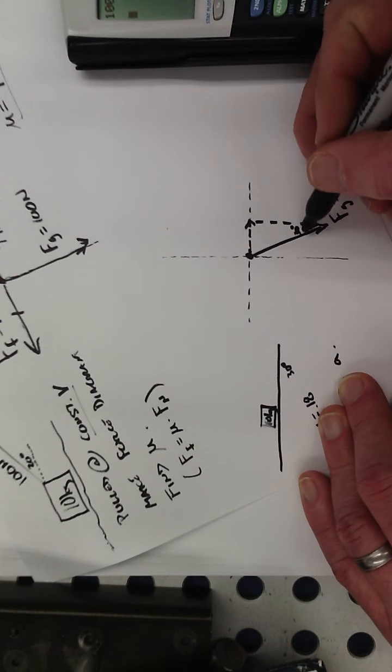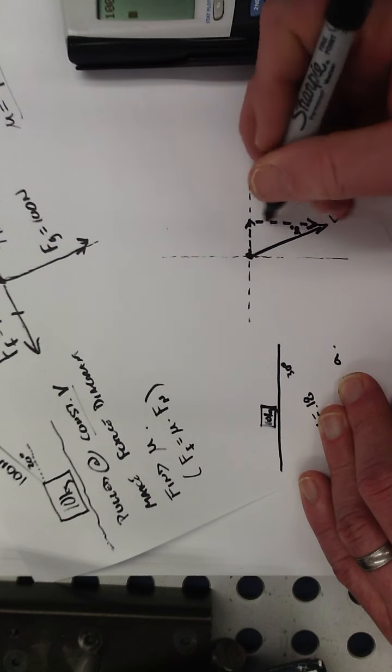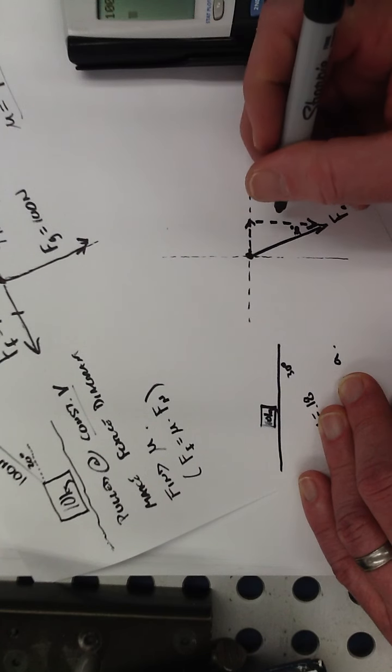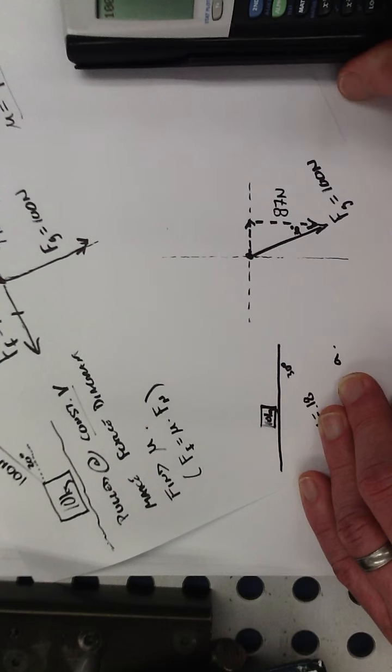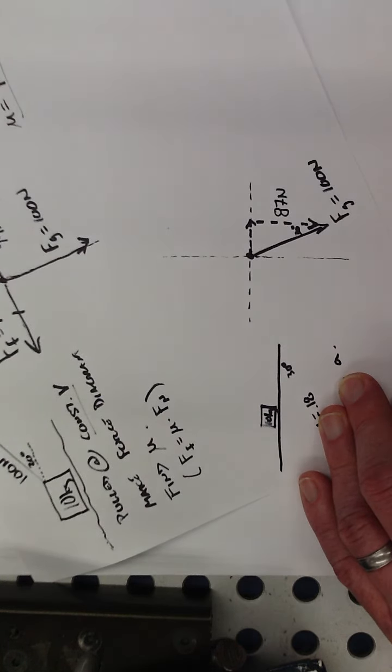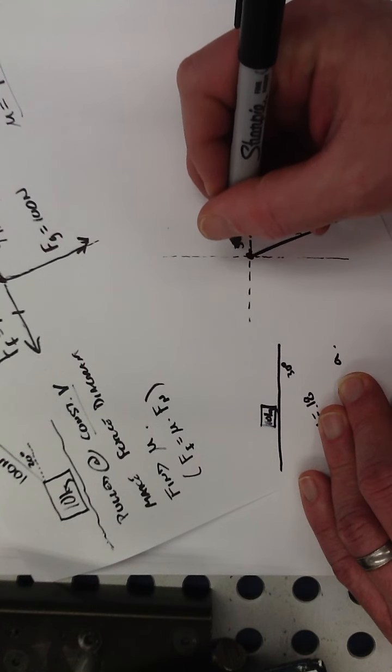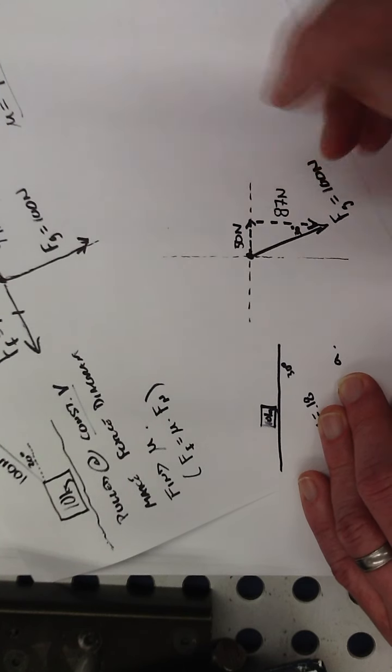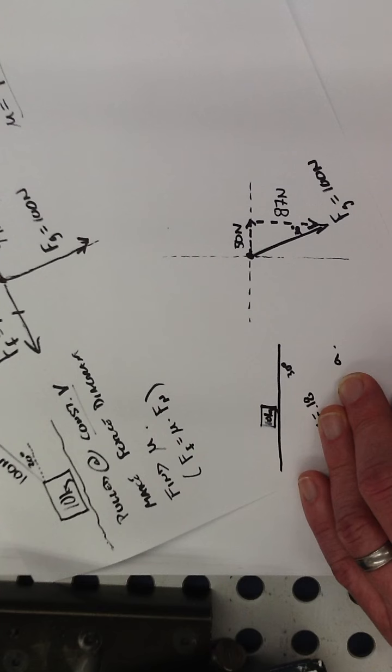That's adjacent. Cosine is adjacent to the 30, so that's the one here that's touching that 30-degree angle. That is 87 newtons. And then 100 times the sine of 30 is going to be 50, because the sine of 30 is a half, and that's this. Right?